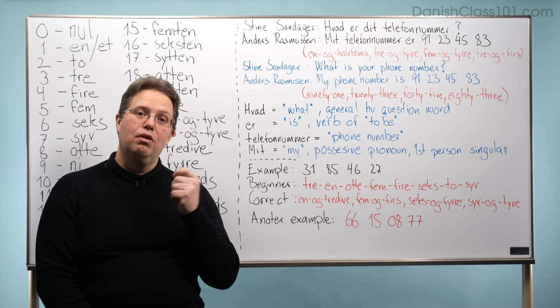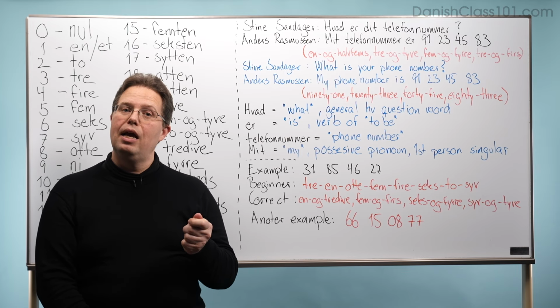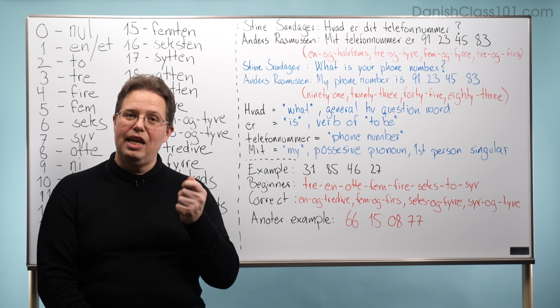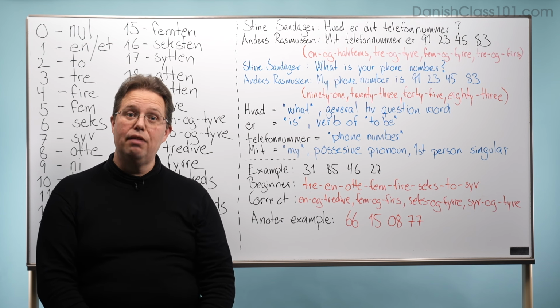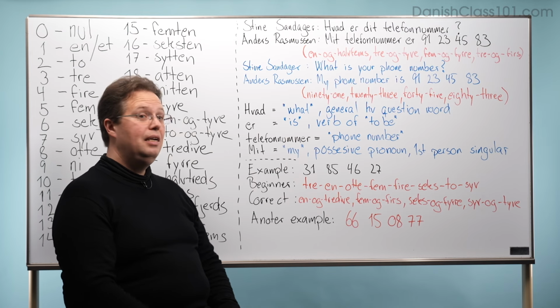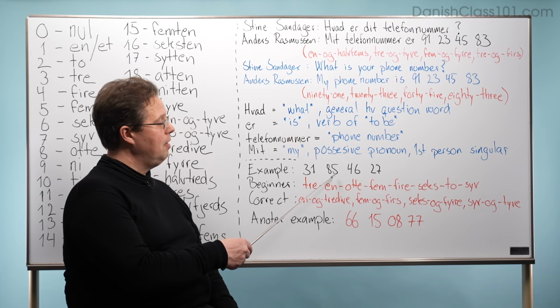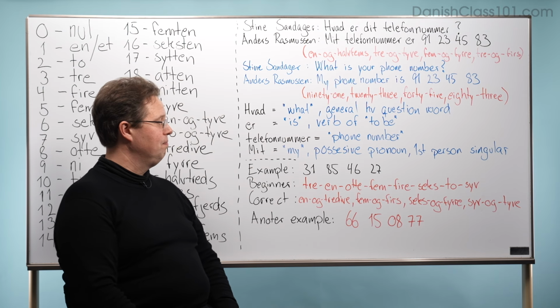For instance, the number 83. In Danish, we don't say 83, we say 3 and 80. Again, the example would be 31, 85, 46, 27.